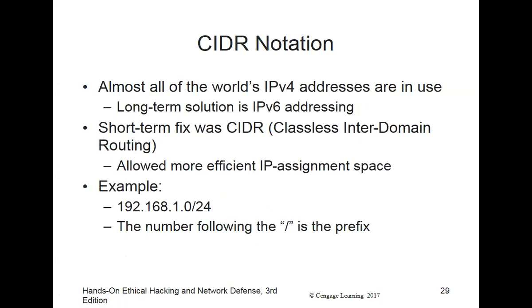Now there's something called CIDR, classless inter-domain routing. They realized that this whole ABC class thing is kind of stupid, so now it really doesn't matter anymore. So you use CIDR. In this example, 192.168.1.0/24 means there are 24 ones: 8 ones, 8 ones, 8 ones, and 8 zeros.